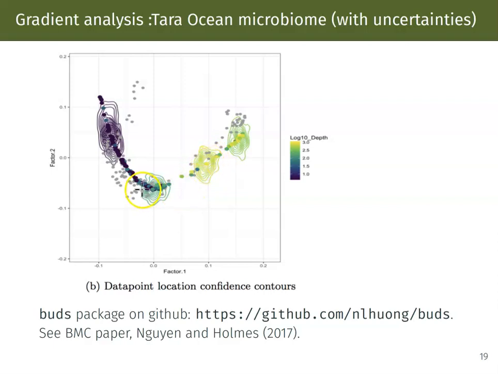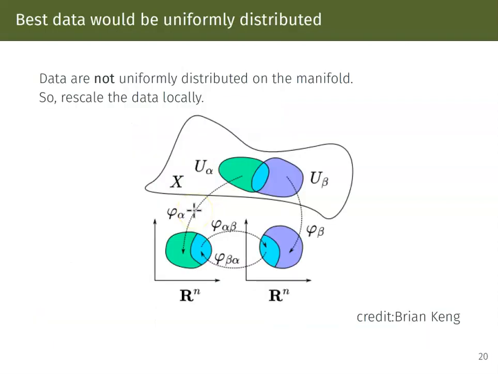And one of the things that we know when we see the data is that if there are many points in a neighborhood, we're more sure about the distances between the points than if we have a very sparse neighborhood. So the data are not uniformly distributed along the manifold, and in the case of just one dimension, you saw how there were gaps, but that can happen in higher dimensions.